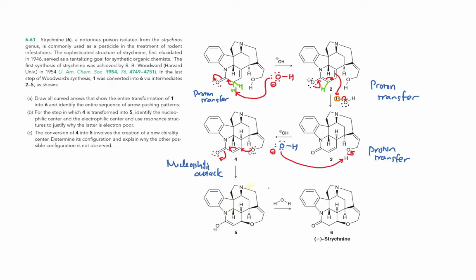Okay, and then from 5 to 6, you notice that we now have 2 hydrogens here. Okay, here's 1 hydrogen. And then another hydrogen is going to come from the water, because I can again mark it as orange. And here's the mechanism. Because I now have to have the carbonyl double bond between the carbon and oxygen.